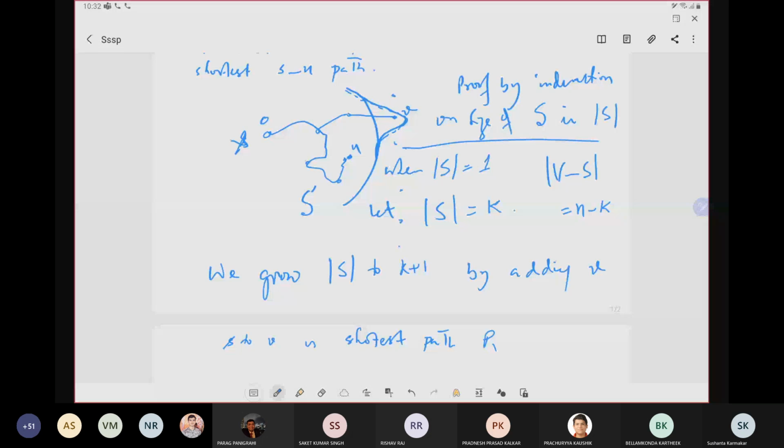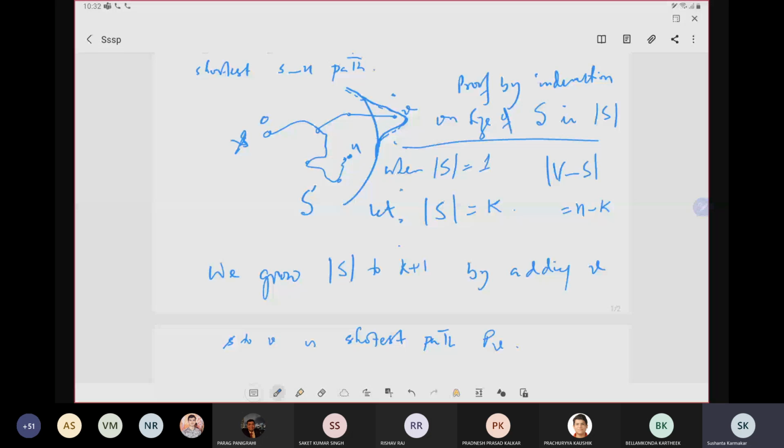So how to argue that? The argument is that I connected V to here, but I possibly could have connected it through here also.